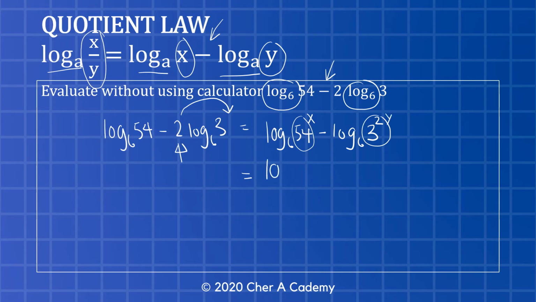So putting them together using the quotient law, same base, x goes on top, y goes below. So it's 54 over 3 squared. So I'll get log base 6, 54 over 3 squared, or rather 54 divided by 9 is 6. Since these two are the same number, the special log form tells us that they are equal to 1. Final answer.